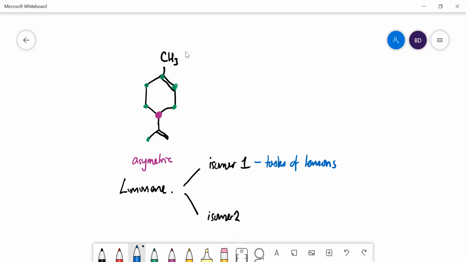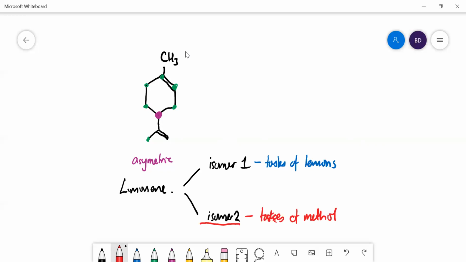It can bind, and it will trigger a nerve impulse, and that's the taste of lemons. This isomer will not bind to the same receptor because it'd be the wrong shape. And this one actually tastes of menthol, because it doesn't bind to the same receptor.